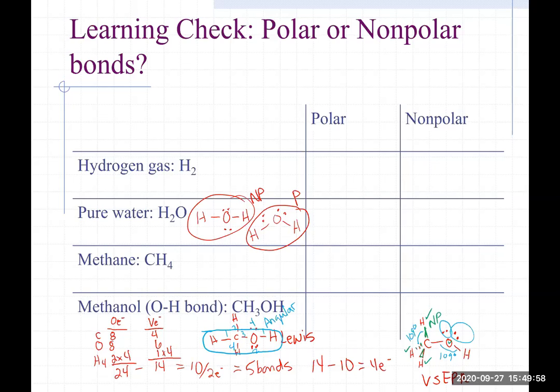When we look at the carbon-oxygen bond or the oxygen-hydrogen bond, we know, especially this one, oxygen is way on the northeast side of the periodic table. Hydrogen is over there on the left side of the periodic table, so the northwest side.